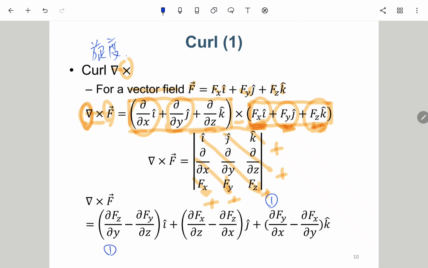And then j hat partial z fx will be this term, so this is the second term. J hat partial z fx goes to here. And then k hat partial x fy, so this is the third one. So this turns out to be k partial x, and then fy goes to here. This is the third term. All of these 3 terms are positive.